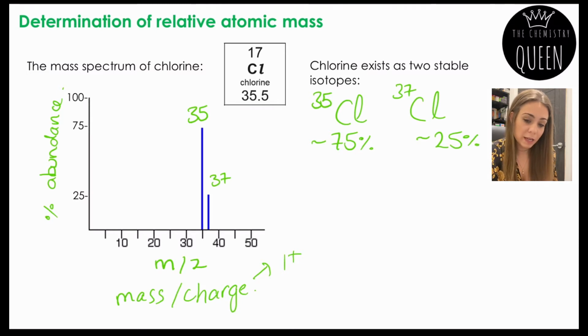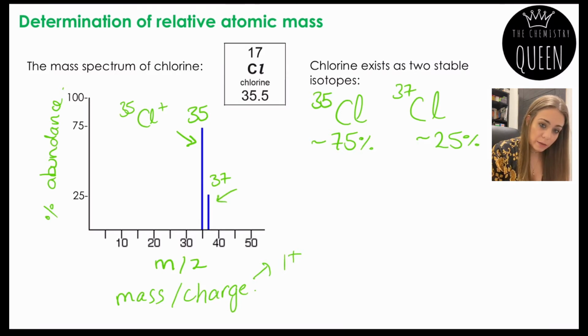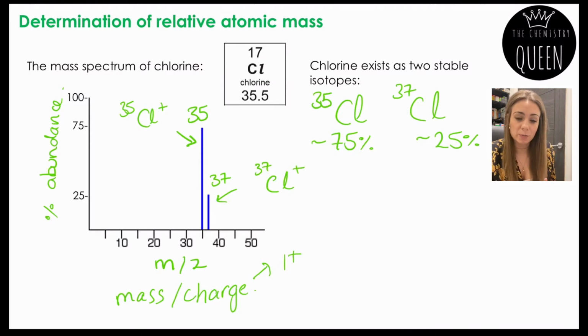If we're assuming it is a singly positively charged isotope, we do 35 divided by 1, which gives us 35. So this peak here is caused by the chlorine 35 positive ion, meaning this peak here, the 37, is caused by chlorine 37. Obviously it has to have a positive charge because they're ionized in the mass spectrometer.